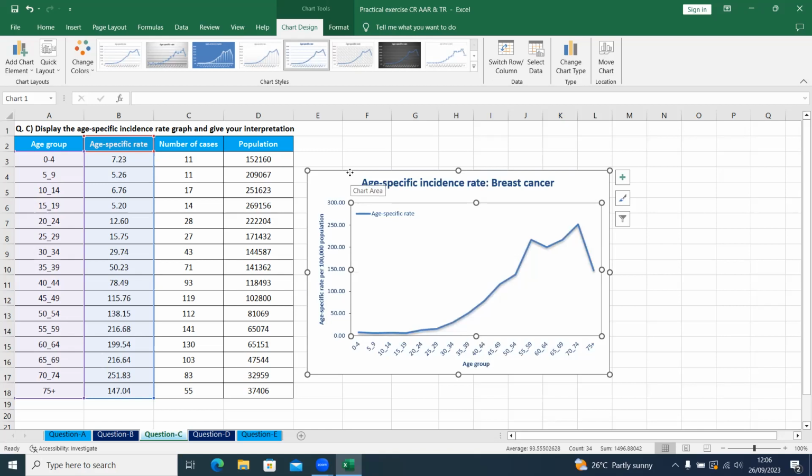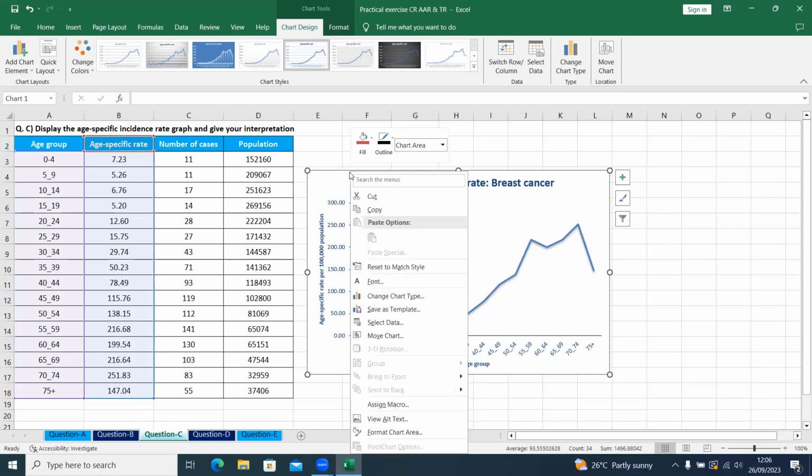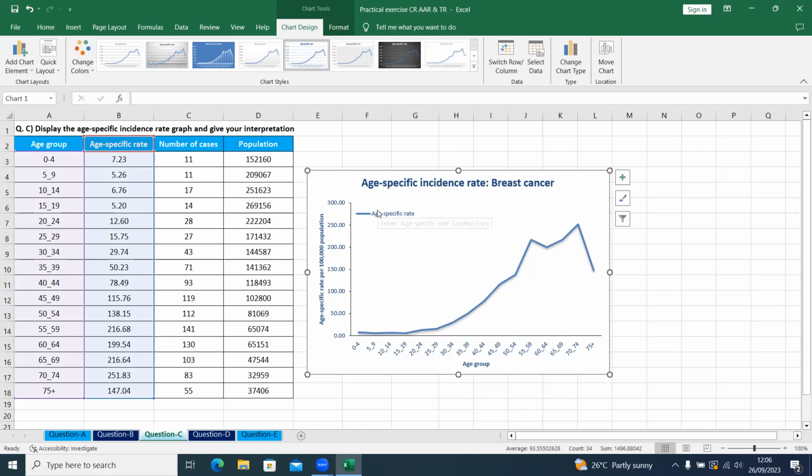Okay. Now select this graph. Click the right key and click on copy. Otherwise, you just select the graph and use the keyboard Control-C. Okay. So my graph has been copied.